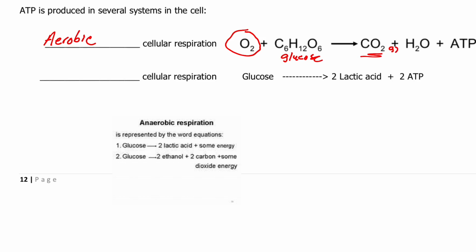That's right, we breathe out carbon dioxide gas. Water vapor, which is also a gas, and ATP, adenosine triphosphate. Remember, this is the chemical energy molecule. Chemical energy is stored in the bonds between the phosphates.